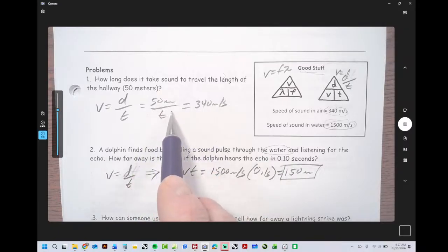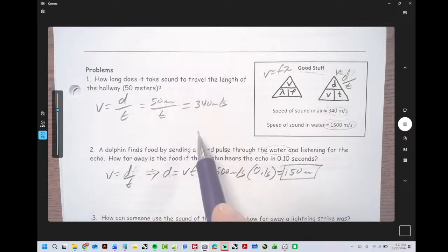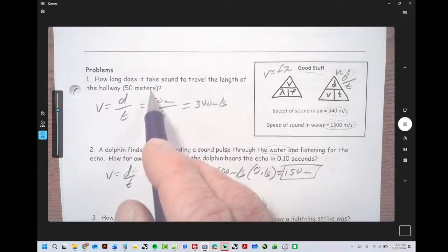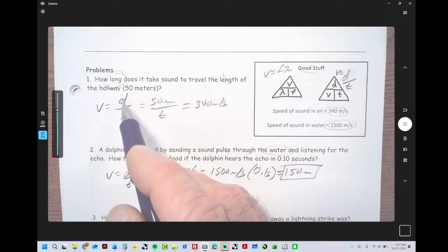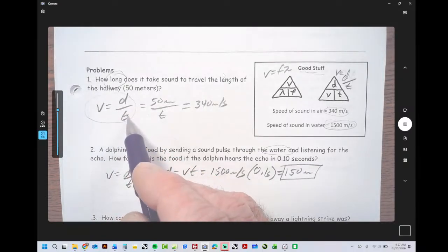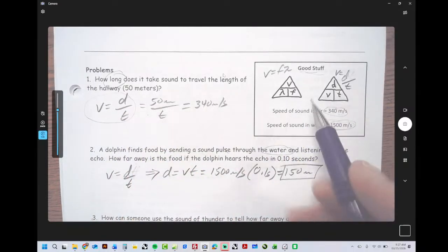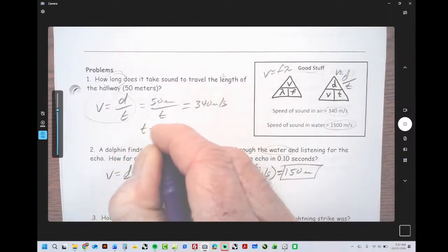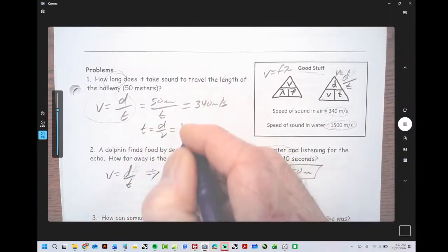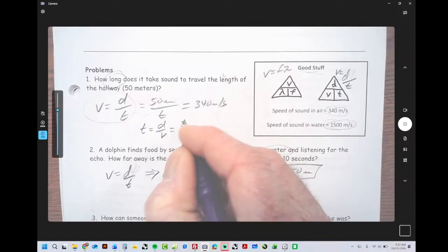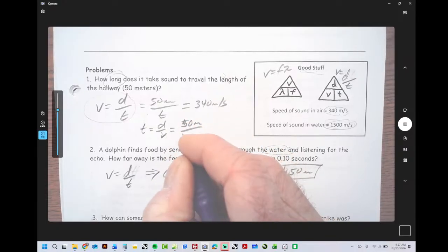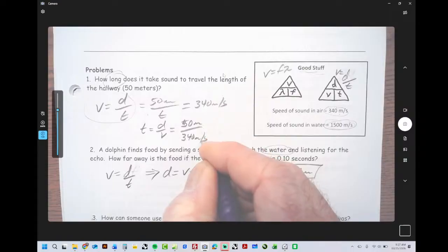You multiply both sides by t, and then you divide both sides by the speed. Or you could just say how long. We're looking for t, so t is d over v, which is 50 meters divided by 340 meters per second.